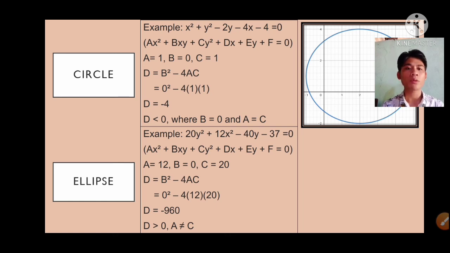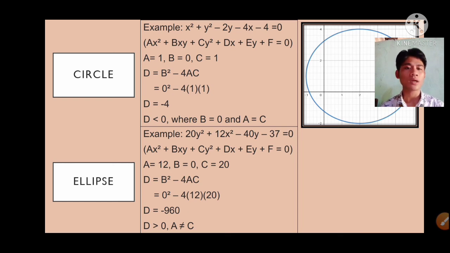So we came up with our a, which is 12, since 12x squared must be first, and then our b, which doesn't exist since the coefficient of xy doesn't exist here, and 20 for our c.